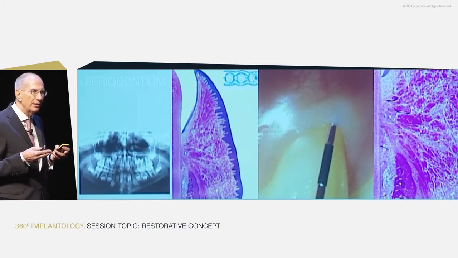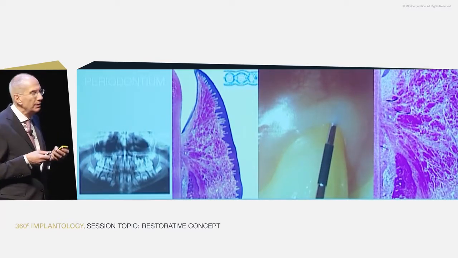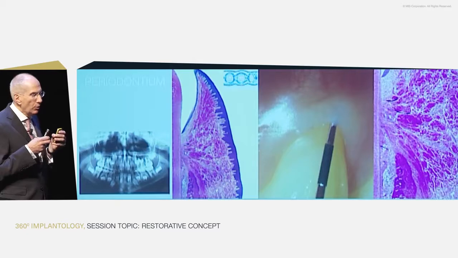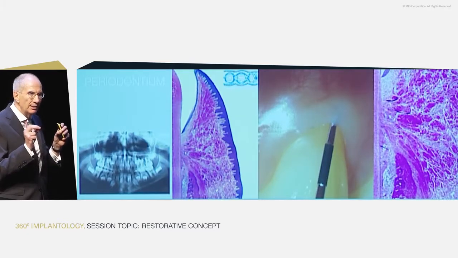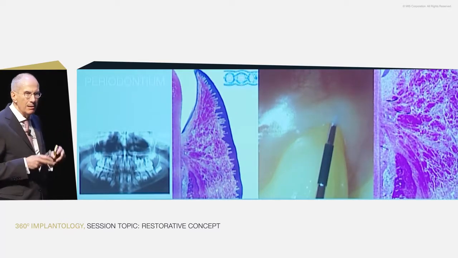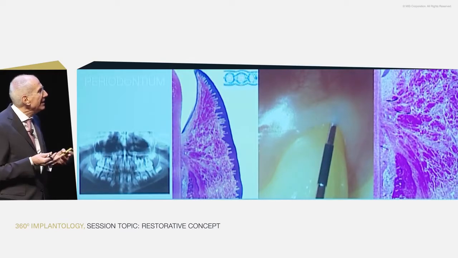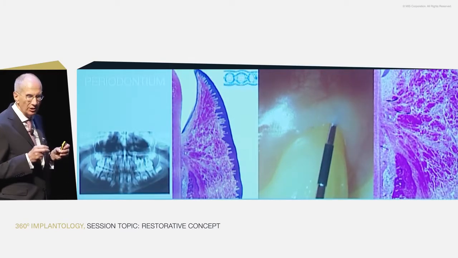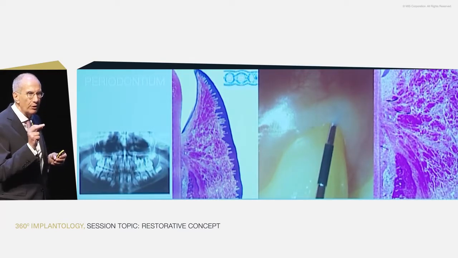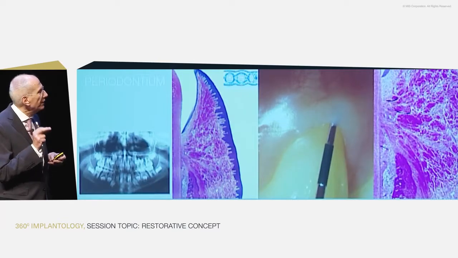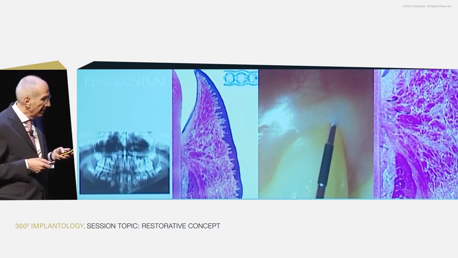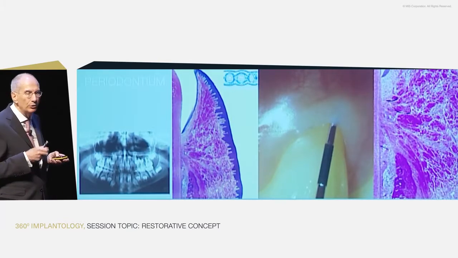As we have already seen very clearly this morning, also as a prosthodontist, I have to know precisely my biological basement, and we start as the gold standard from the natural tooth, the periodontium, where we know we have a very sophisticated base, and we know how to treat it.